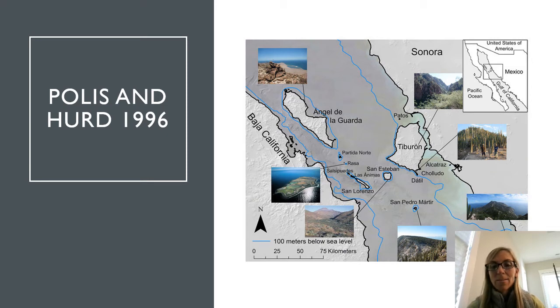What the study found was that smaller islands are subsidized to a greater degree than larger islands, and this is also intuitive just because of surface area to volume ratios. If they've got more shared edge with the marine environment, they are likely going to experience a larger net average subsidy rate.